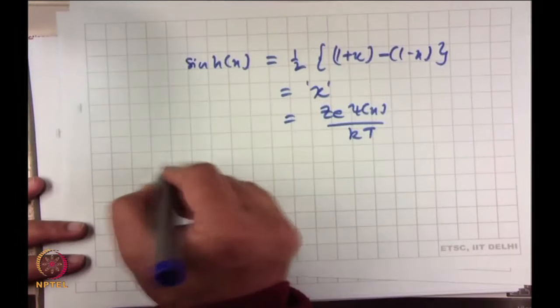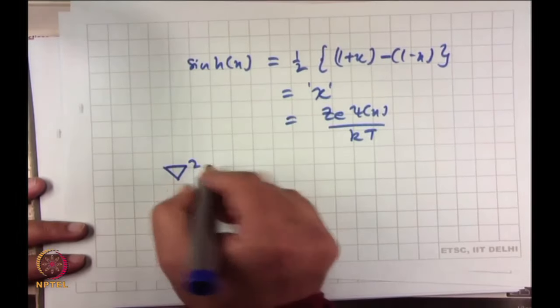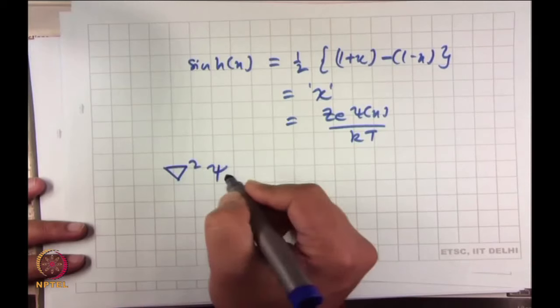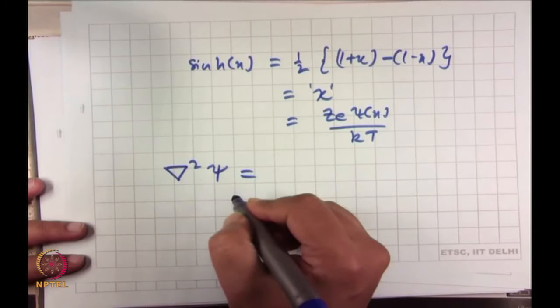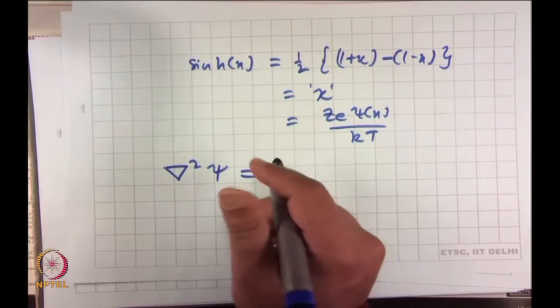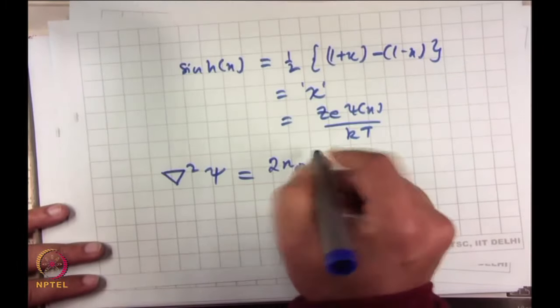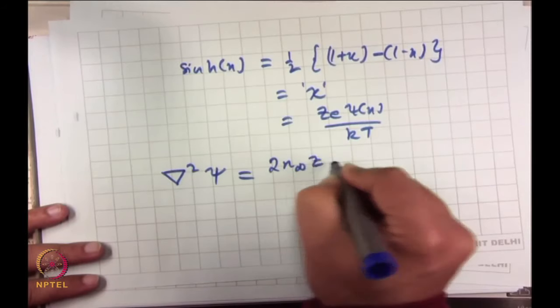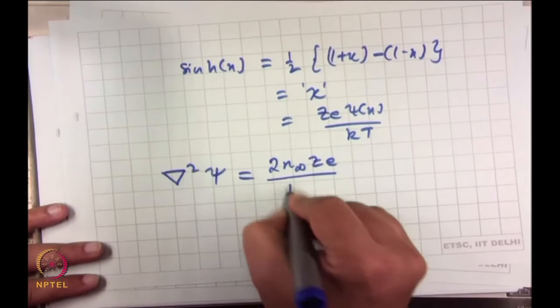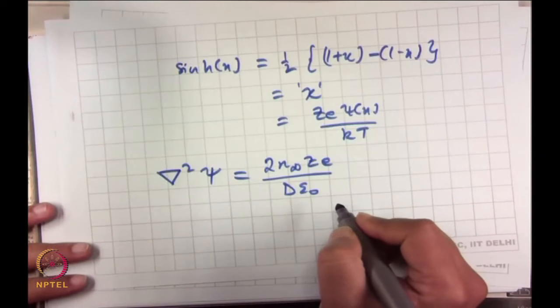So, my non-linear Poisson-Boltzmann equation now looks like this. It looks like del square psi is equal to, what were the factors I had? The factors I had were 2 n infinity, then Z, then e over epsilon 0.